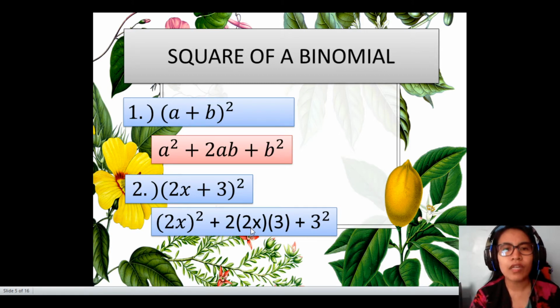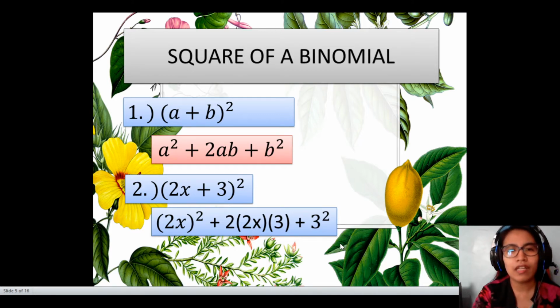Then we have 2x times 3. You can start with those that are in the parenthesis before you multiply it on the outside. So 2x times 3 will give you 6x. Multiply to our 2 will give you 12x. Then for the last term will be the 3 squared, meaning 3 times 3 will give you 9.